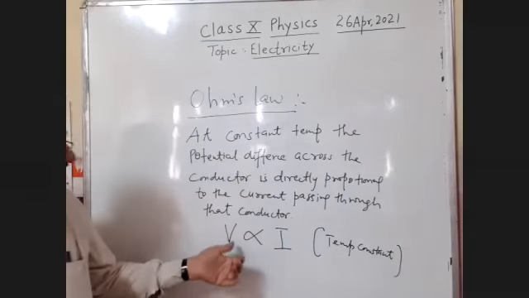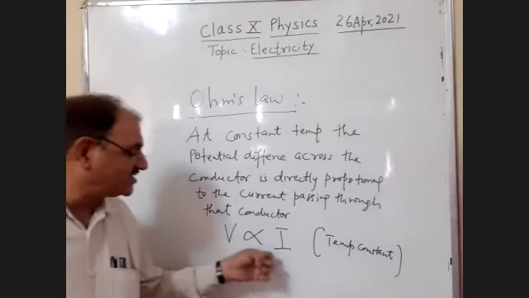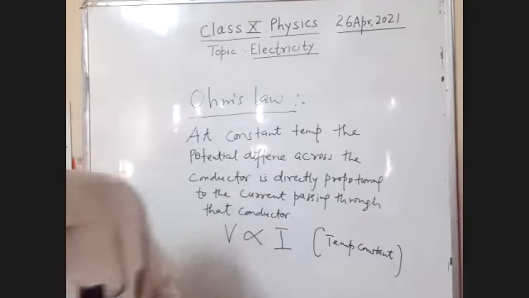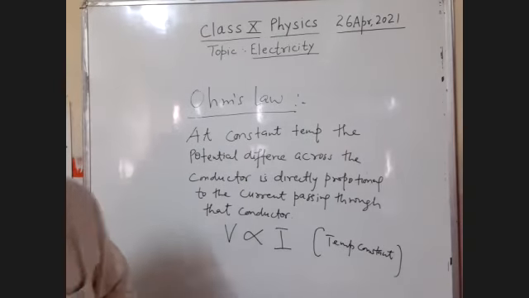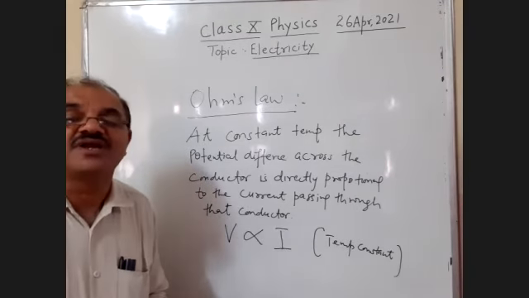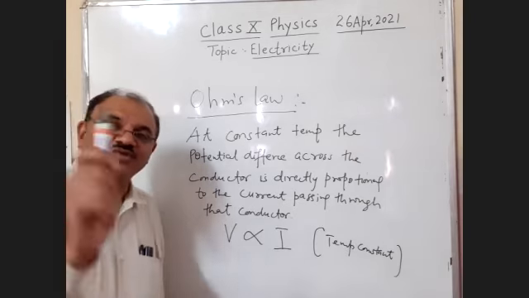Here, students, V is directly proportional to I, means potential difference is directly proportional to the current passing through that conductor. Now, students, here it is given with the sign of directly proportional. I have to remove the sign of the directly proportional. For that, I'll put one constant.